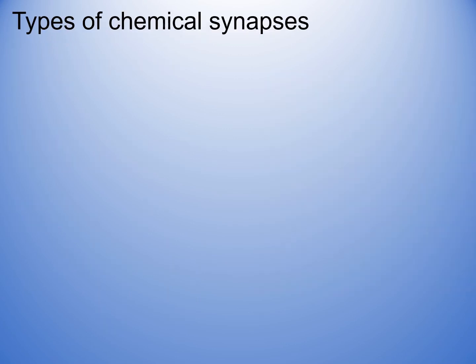There are some types of chemical synapses. Your book talks about these in chapters 12 and 13. Let's just establish some terminology. We'll use this a little bit later when we talk more specifically about the brain. There are cholinergic synapses in your body. We've already talked about those, right? These synapses release acetylcholine.